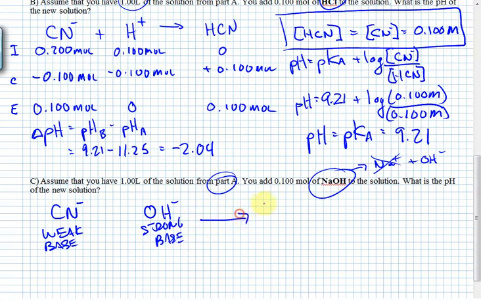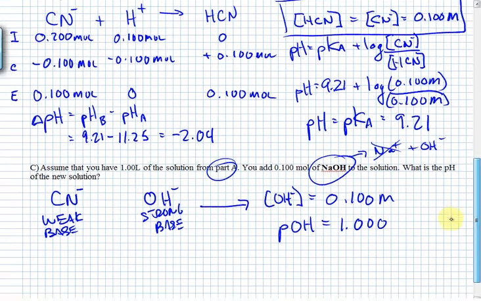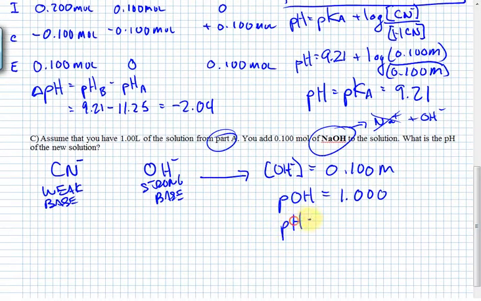The concentration of hydroxide in this solution is totally determined by the sodium hydroxide. So the hydroxide concentration is 10th molar. The pOH, therefore, is equal to 1. And the pH is equal to 13.